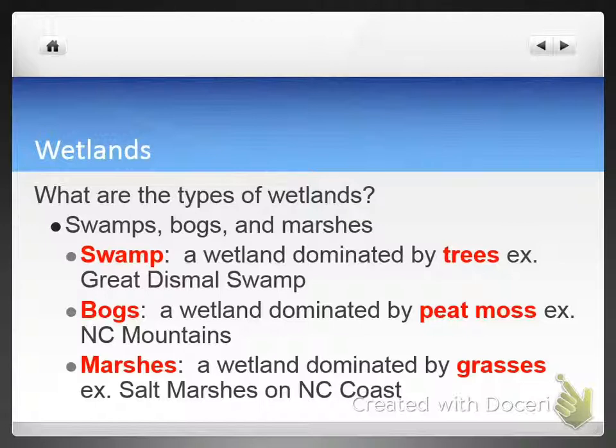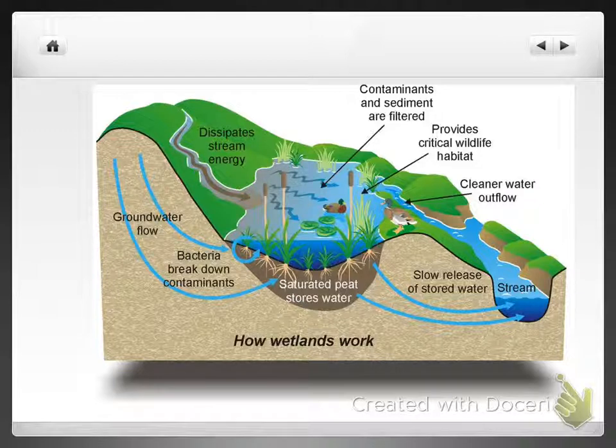And again, they are great buffers. They slow water down when it's moving at a rapid rate, like it is after a flood and heavy runoff. And they also filter out pollutants and other things that don't belong in the water. And so they're going to slow the water down.